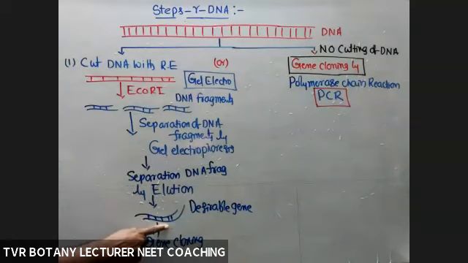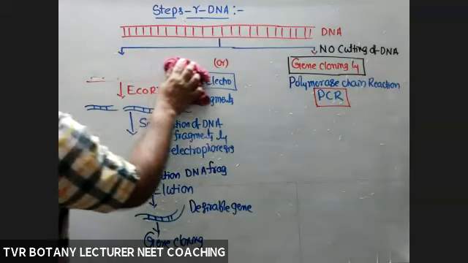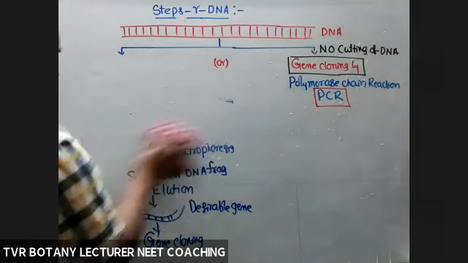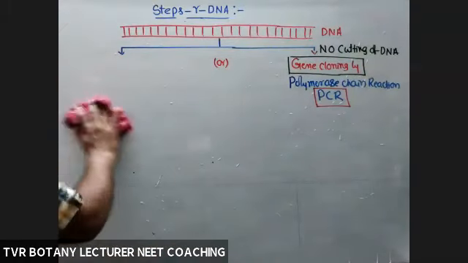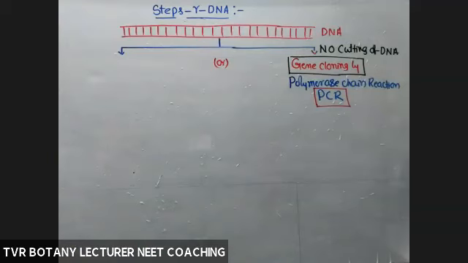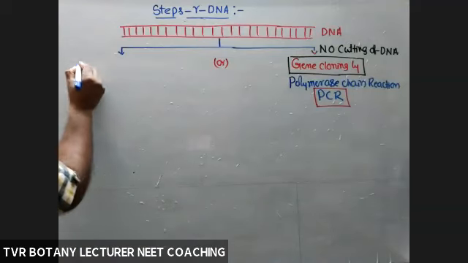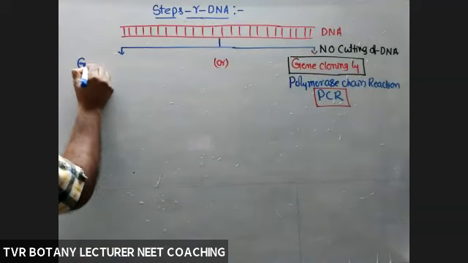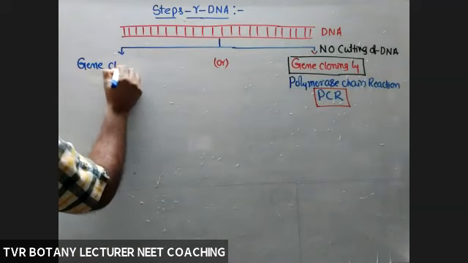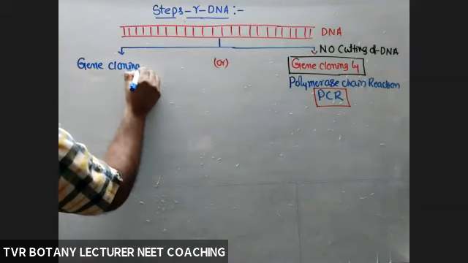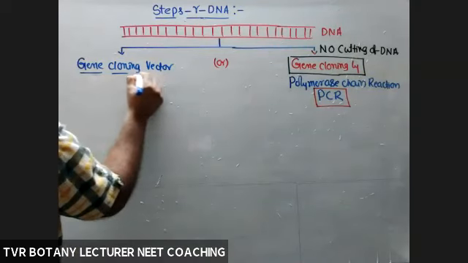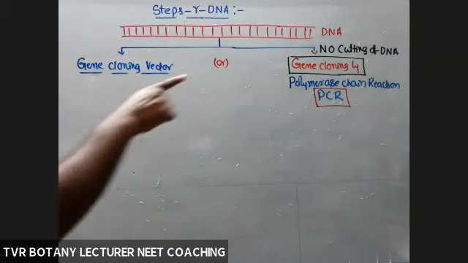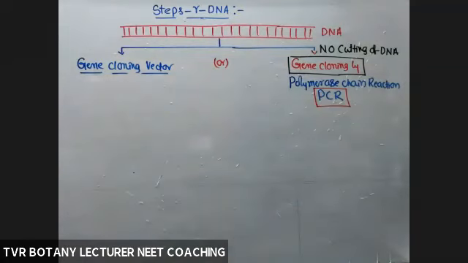So the gene is available. Remember this one. Gene cloning by vector. That is gene cloning by PCR.